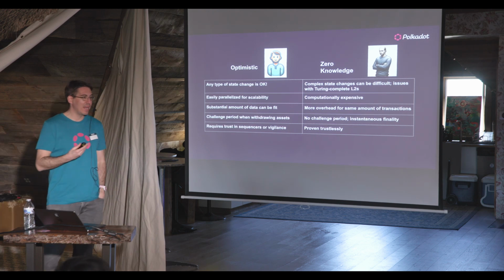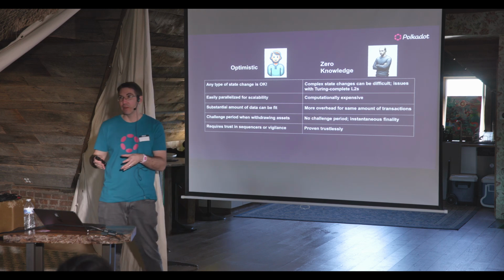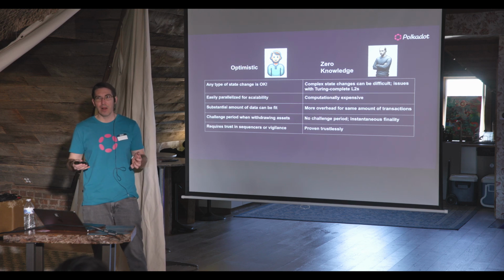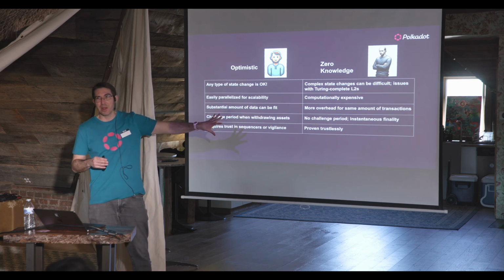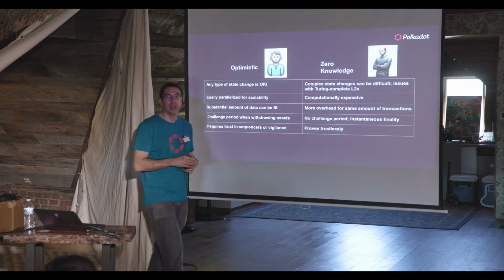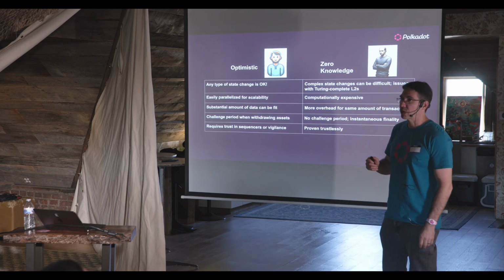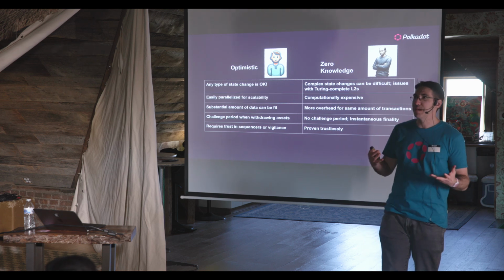There are a couple of different ways around this. There are two main families of rollups when we talk about L2s. Again, there are other kinds of L2s out there, but I would say optimistic and zero knowledge are the vast majority of what's out there. The idea behind optimistic rollups is, like my little guy there, he's very optimistic.